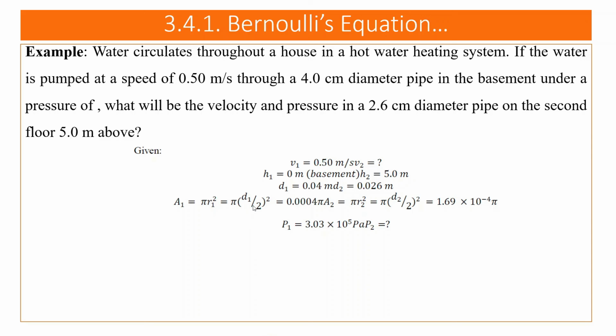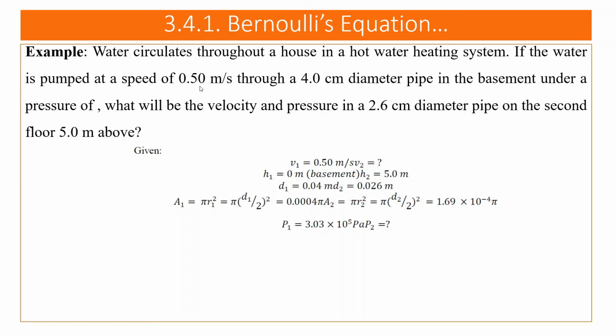So divided by 2, squared, and multiplied by pi, we get area 1. For area 2, the diameter is given as 2.6. Therefore area is equal to pi r2 squared, which is d2 over 2, the whole squared. So with this we can find area 1 and area 2.